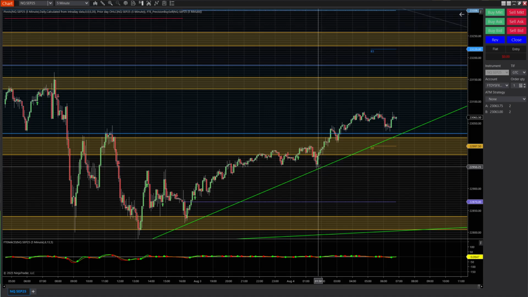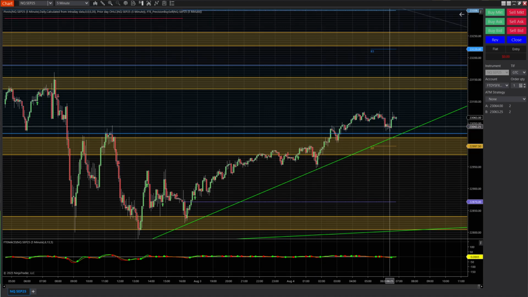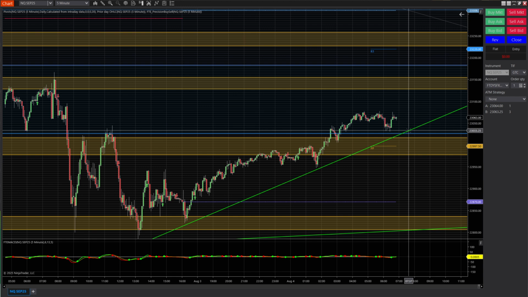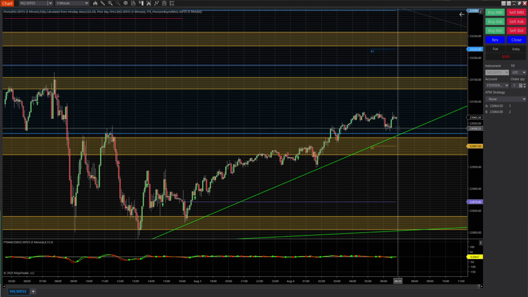You could throw in a 5-minute trend line from this area to the bottom of this wick, but there's not. By the time you get up there, you might have a 20-point or 30-point move between the trend lines.